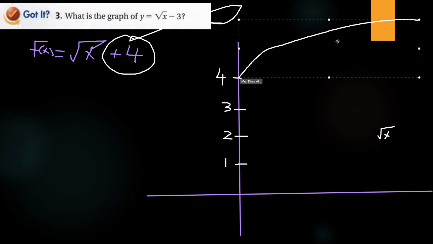Now, let's have another example. If we have the square root of x minus 3, what do we have to do? First, we have to draw the square root of x. As we know before, it must be like this. This is for the square root of x.